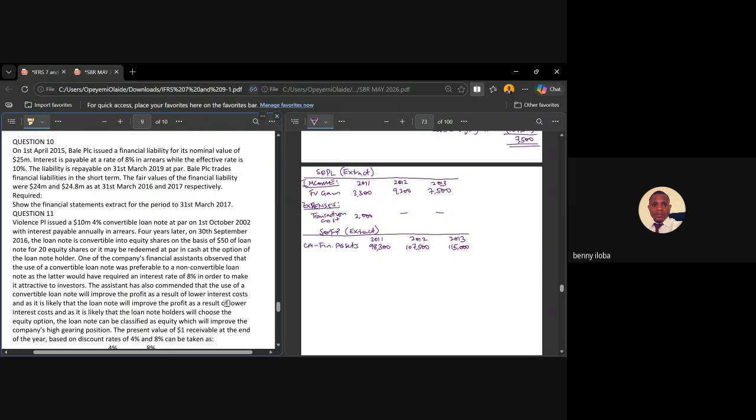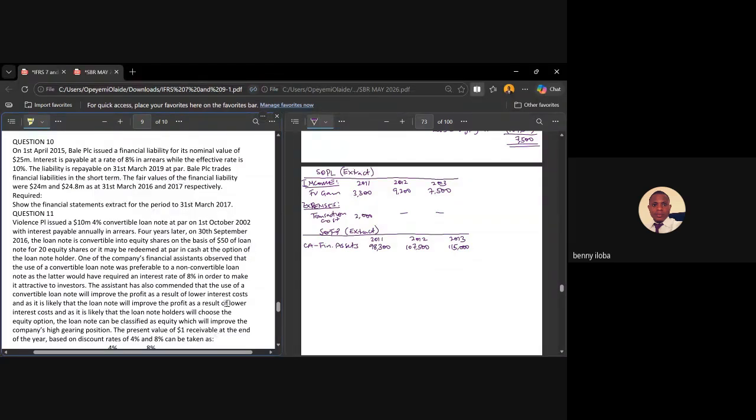Interest is payable at a rate of 8% in arrears, while the effective rate is 10%. The liability is repayable on 31st March 2019 at par.